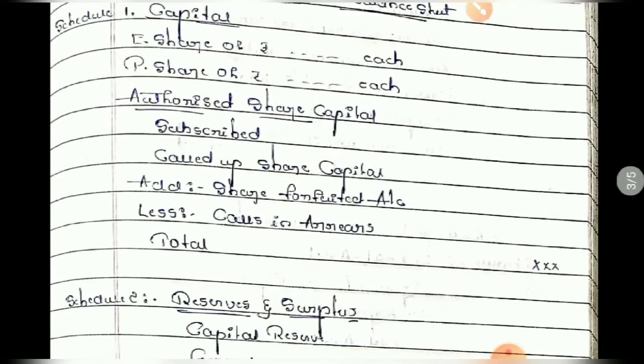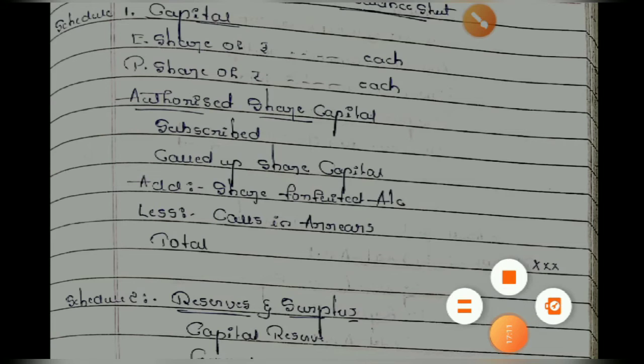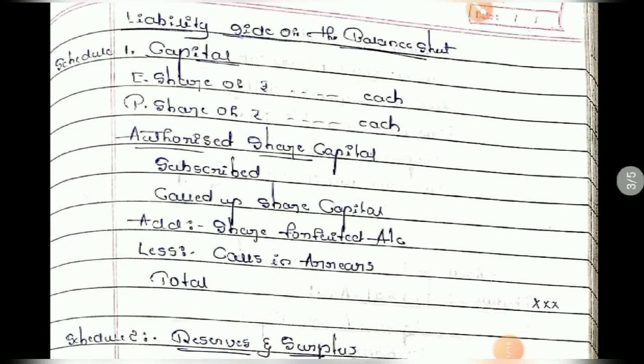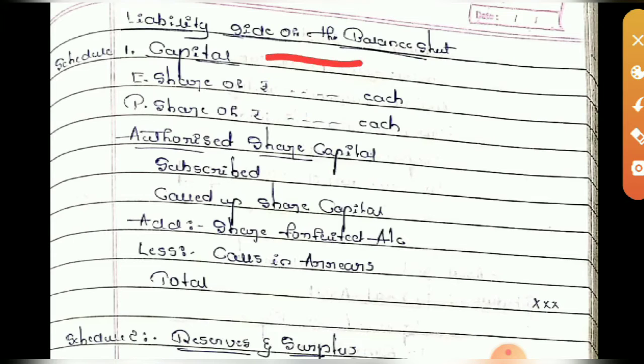And schedule 1, the capital, is there in the main balance sheet format. Schedule 1 is to be explained here. Explained in the sense that you have to write the format based on the problem which is to be solved after this video, the main important problems. There you are going to learn. Here every piece of information concerned with capital is given, isn't it?